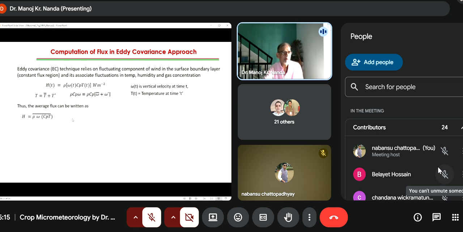Now, if you multiply these two, keeping rho Cp out because they are constants and not varying, you have the average component of omega, the fluctuating component of omega, the average component of T, and the fluctuating component of T. Now take the overall average of this by multiplying these two and seeing how these terms behave.